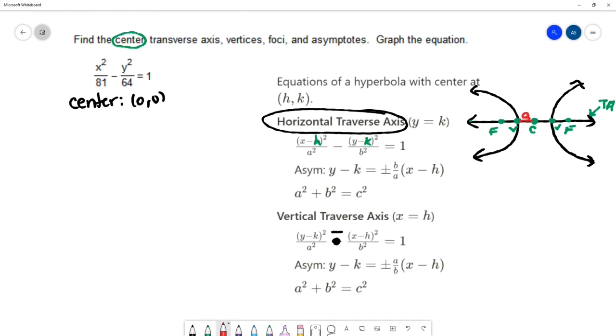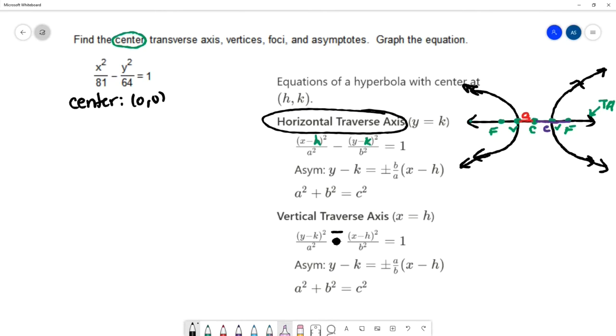So that's this distance here. And c is the distance between the center and the foci. b is a little bit harder to show on this graph, but it has to do with the asymptotes that show where these parts of the graph go. So I'll try to show you that a little bit later.